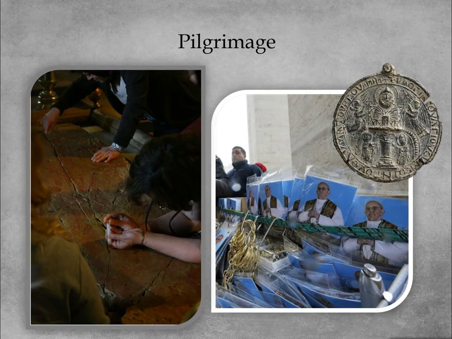Regardless of the answer, pilgrimage plays an important role both in late antiquity and also in modern day Christianity. Here we have a pilgrim token from the site of Saint Simeon the Stylite. This is an important holy figure whom you are going to meet in the unit on the rise of monasticism.